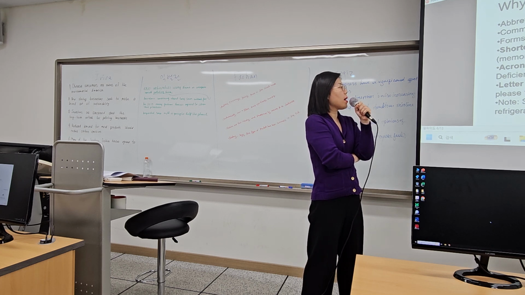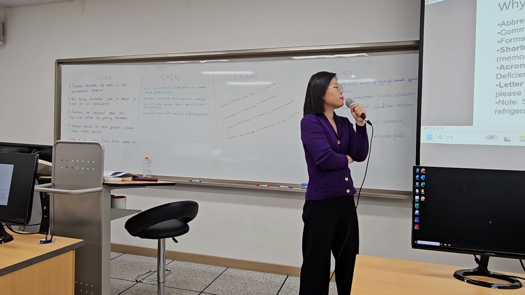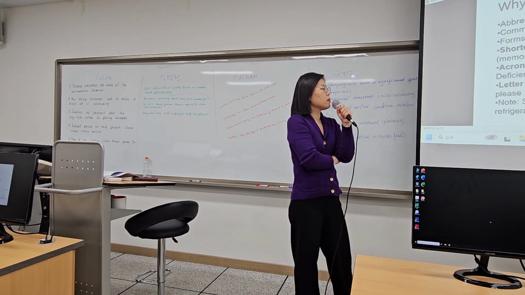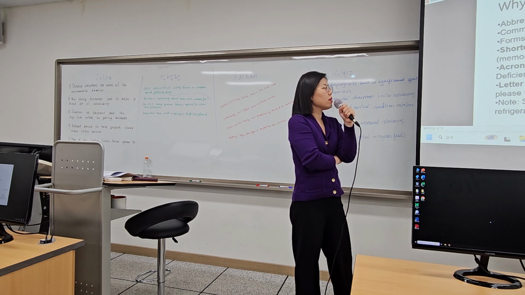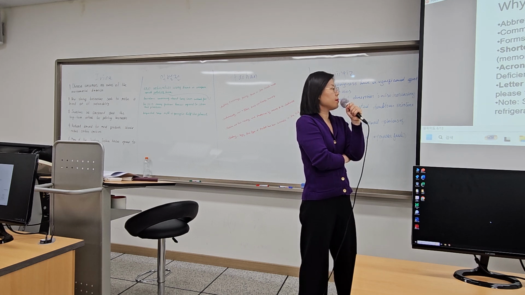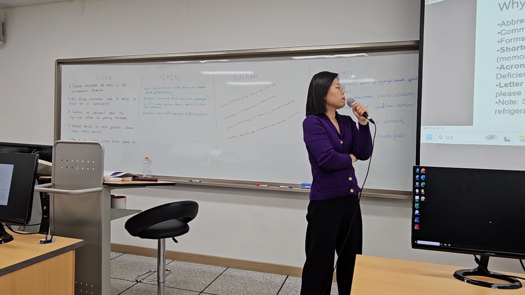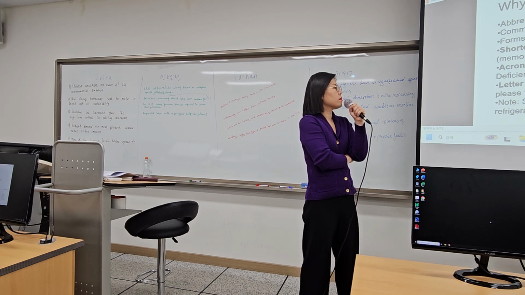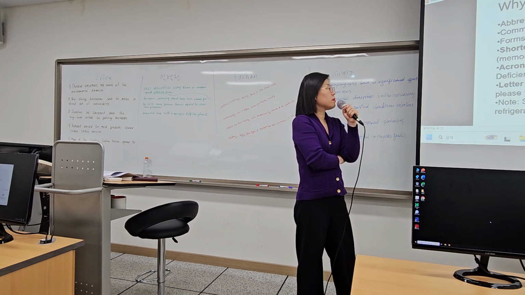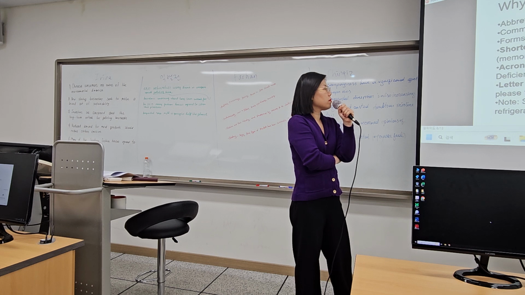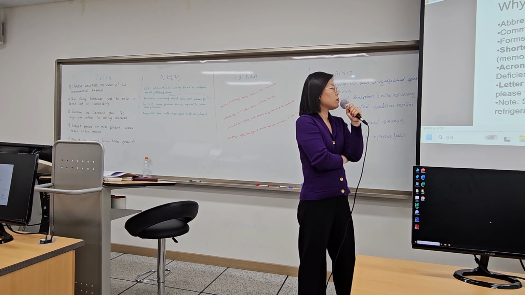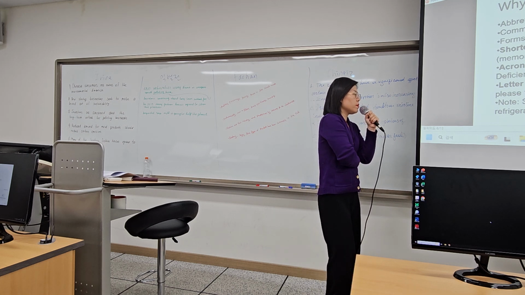Acronyms pronounced as words, like AIDS, equals acquired immune deficiency syndrome. Letter sets, read letter by letter: USA, BBC, DNA, PTO. And in notes, sometimes the original word is still preferred. For example, refrigerator, rather than fridge.